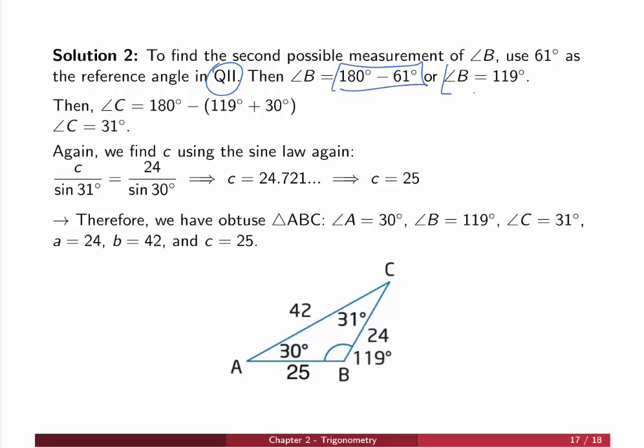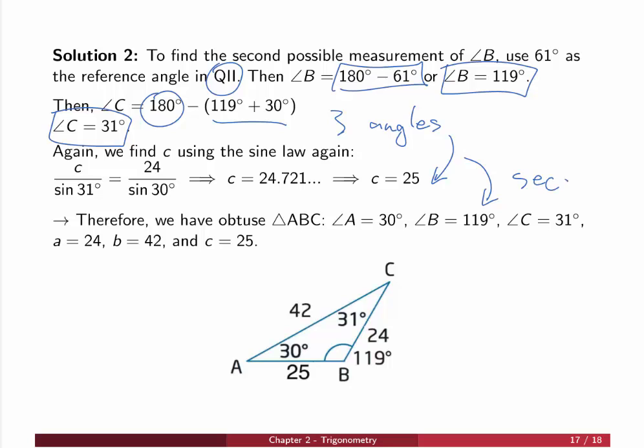That's going to give you 119, which is angle B. The rest of the procedure is the exact same. You go 180 minus the sum of the other two angles to give you C. Now you have three angles again, so you should be able to use the sine law to get c, which is the second solution.